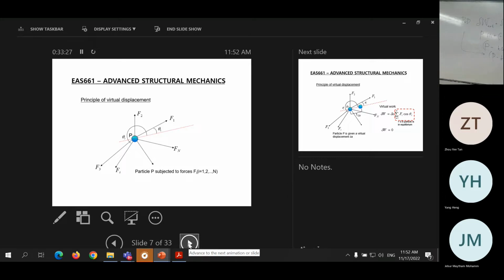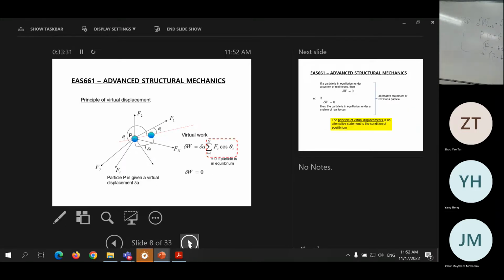You disturb the system in these directions by a displacement that we call virtual. So in these lectures on energy methods, delta represents virtual. So a virtual displacement delta A in certain directions, this.